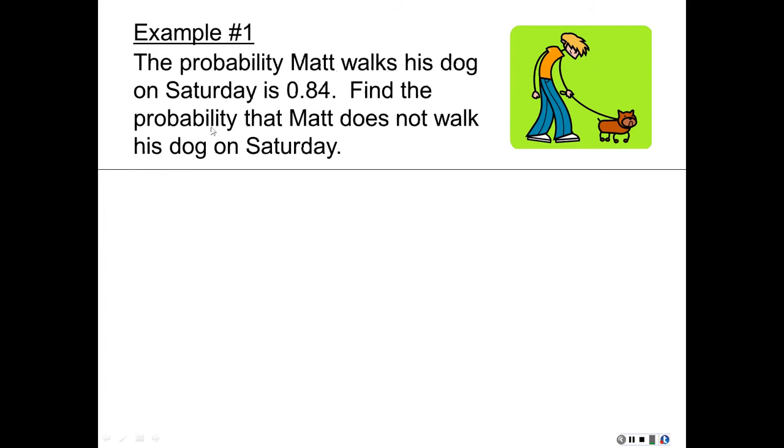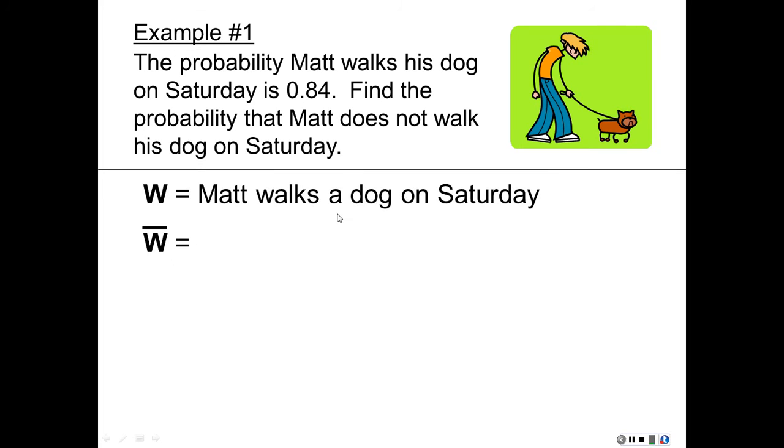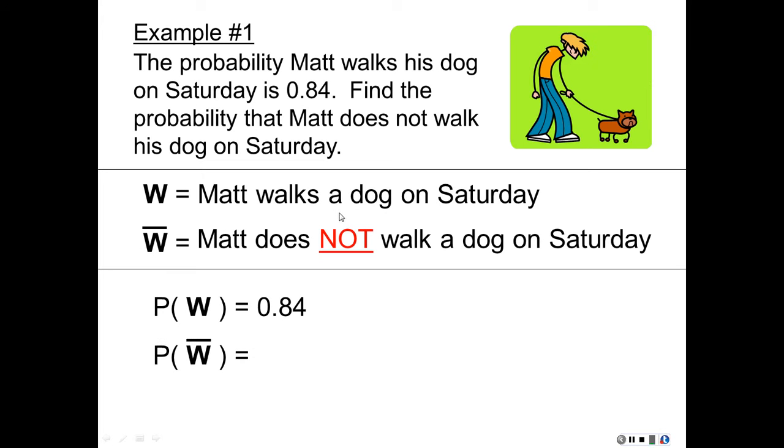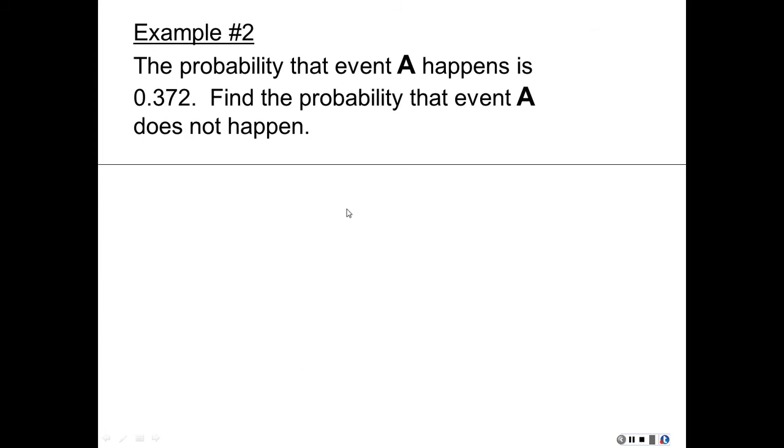Let's look at this. The probability that Matt walks his dog on Saturday is 0.84. Find the probability that Matt does not walk his dog on Saturday. We subtract 1 minus 0.84, which is 0.16. And that's your answer. The probability that event A happens is 0.372.